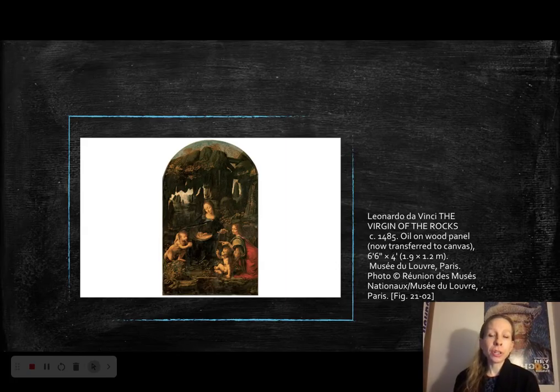And the church used propaganda to win back souls from Protestantism. And this was also laying groundwork for the Baroque period.